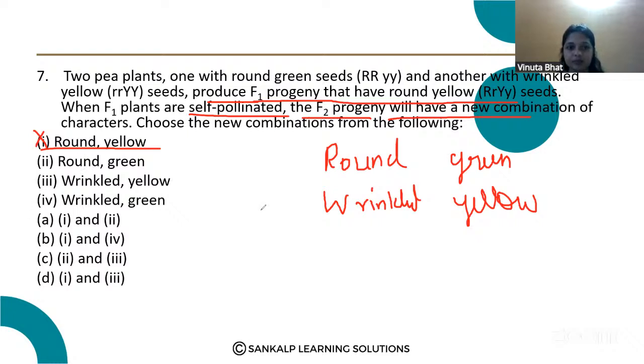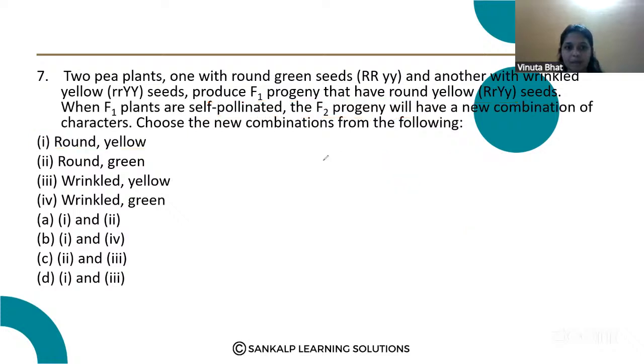Round green seeds, then wrinkled yellow seeds.